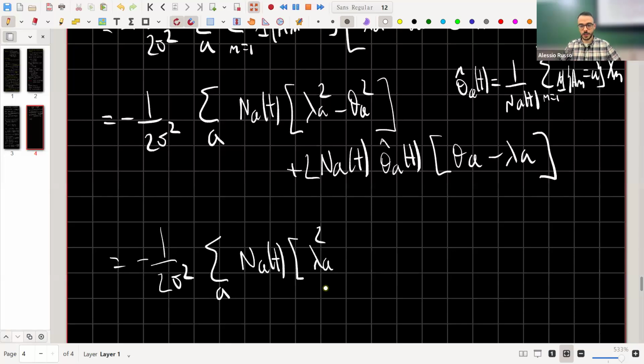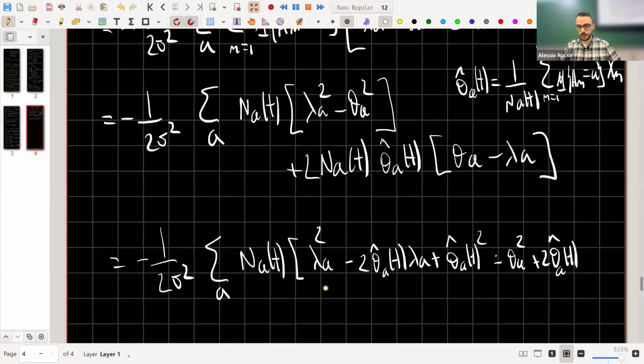So we have lambda a squared minus 2 theta hat a t times lambda a plus theta hat a t squared, minus theta a squared plus 2 theta hat a t theta a minus theta hat a t squared.